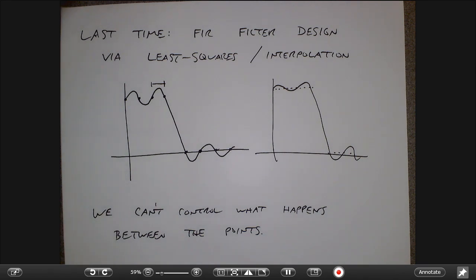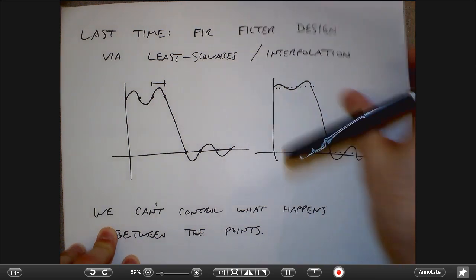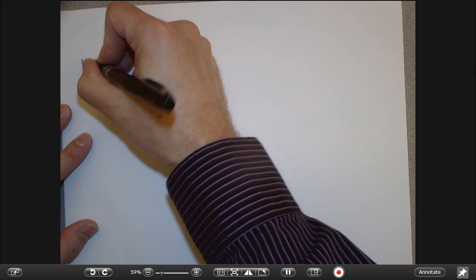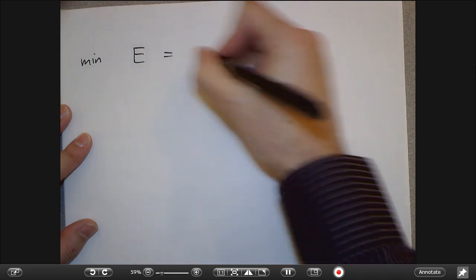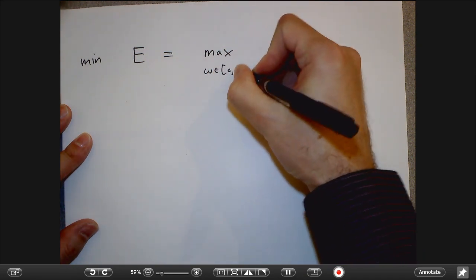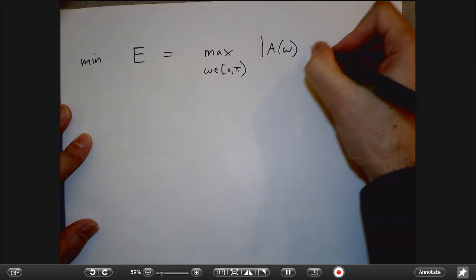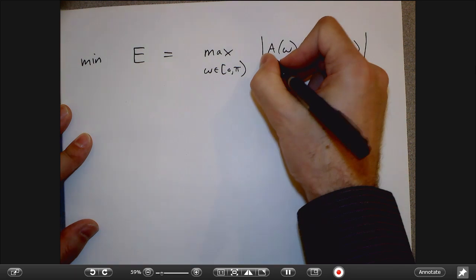And in that case, what we're going to do here is change that error measure. So instead of looking at a least squares kind of error measure, where I'm looking at the sum of a bunch of square differences, the error function I'm going to consider is one I want to minimize, which is defined as the maximum difference between the amplitude that I got and the amplitude that I want.